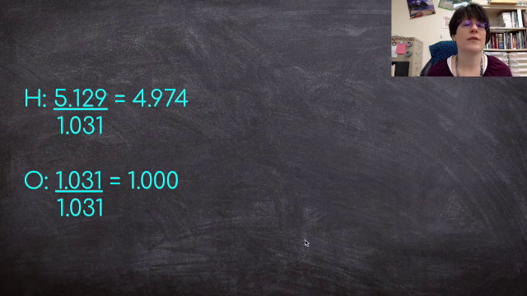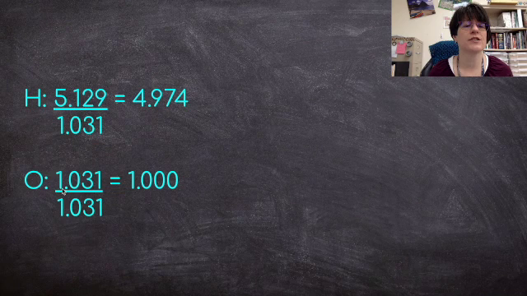So now we find those ratios, and the smallest number was 1.031 from the oxygen. So we divide the number of moles of each element that we found by the 1.031. So hydrogen is 5.129 divided by 1.031, and we get 4.974, which is really close to 5.